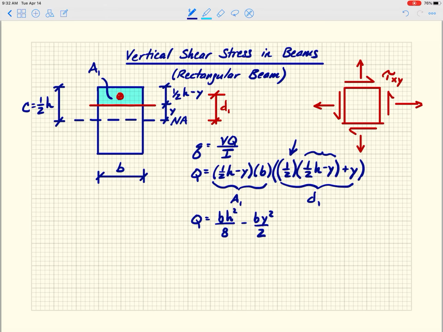And that's if you just multiply all of that out, right? And then if we substitute in that C equals 1/2 H, we get that this equals BC squared over 2 minus BY squared over 2. And so that's Q.